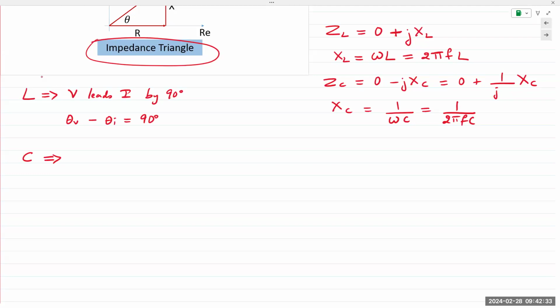Voltage lags the current, or I could say current leads voltage by 90 degrees. So theta V minus theta I for a capacitor is minus 90 degrees. That's where the minus sign comes from for the impedance of a capacitor. So voltage is ahead of current for an inductor, and current is ahead of voltage for a capacitor.